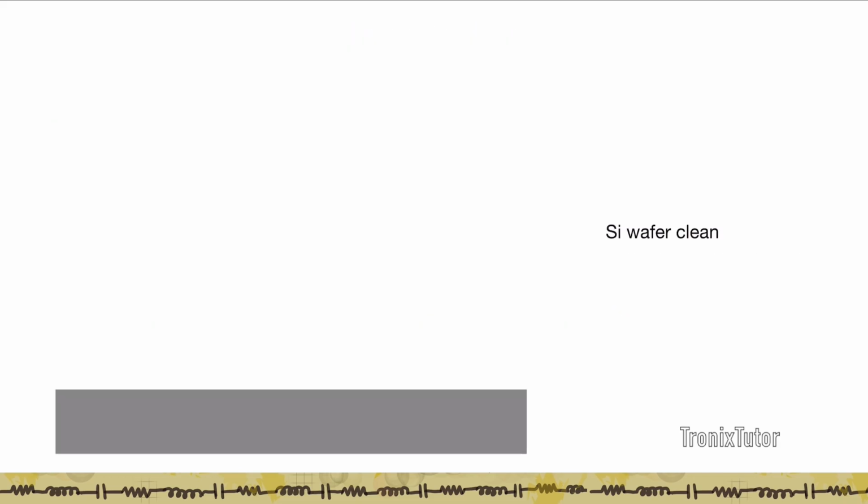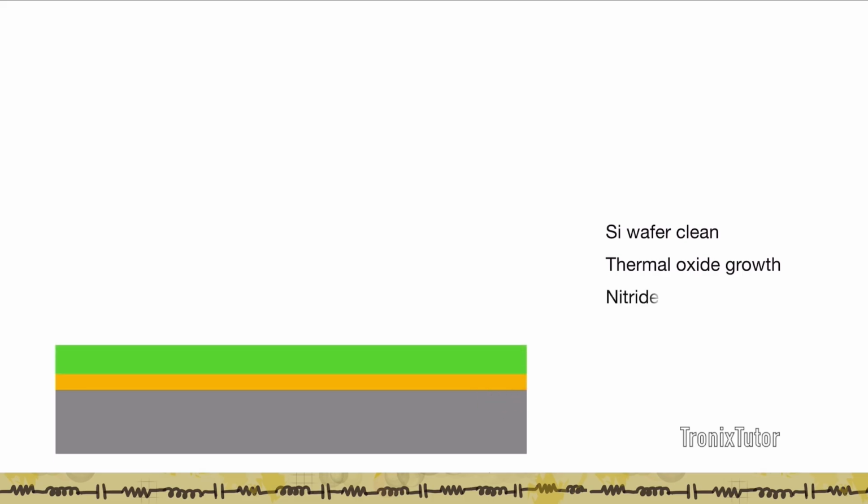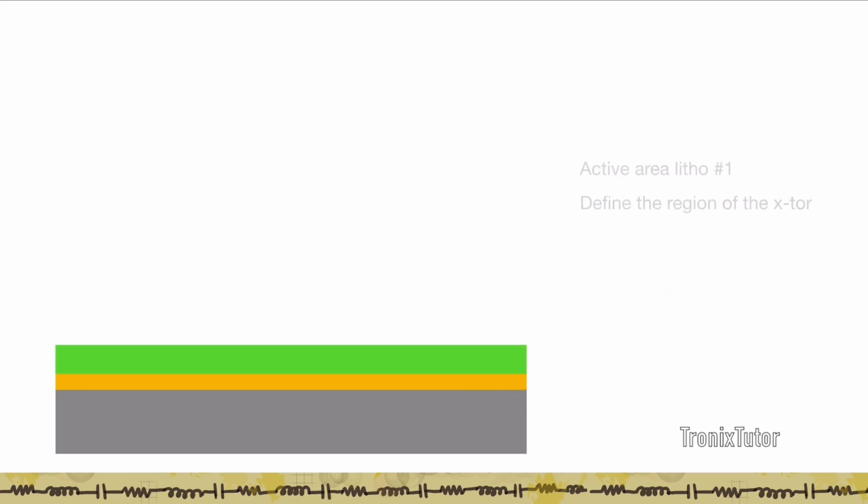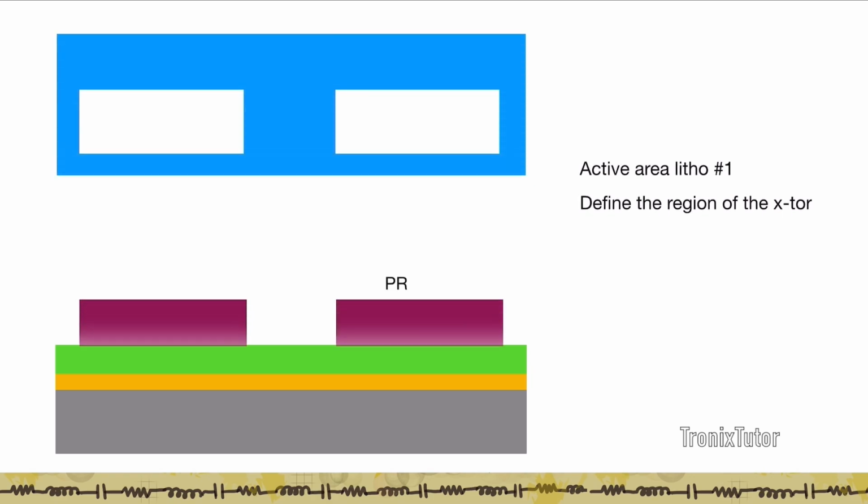So typically all transistor fabrication starts with the silicon wafer, and once the wafer is cleaned, you put down a dummy thermal oxide and a nitride on top of it. Once this is done, the next step is to define where our transistors are going to go.